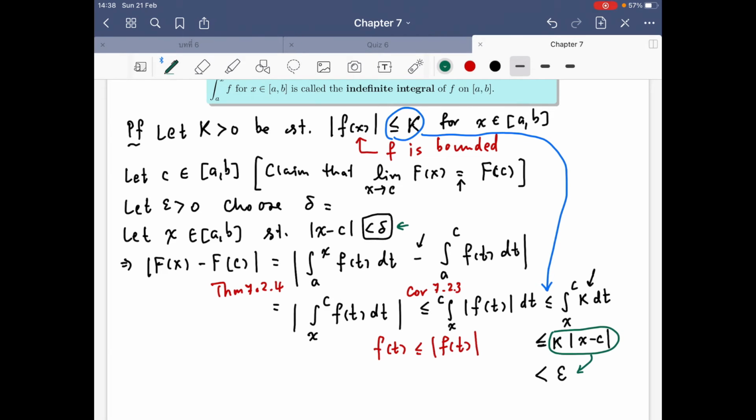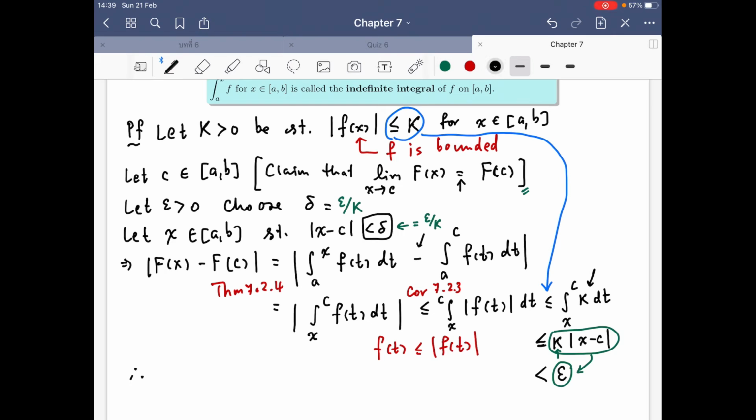You need to replace the absolute value of x minus c by delta, so your delta must be something that involves epsilon and K. So we can use epsilon over K. Then this is less than epsilon over K, and after you multiply by K here, you can cancel and get it less than epsilon. So we have this claim.